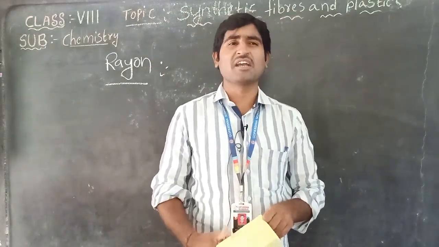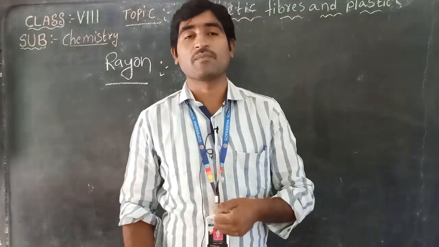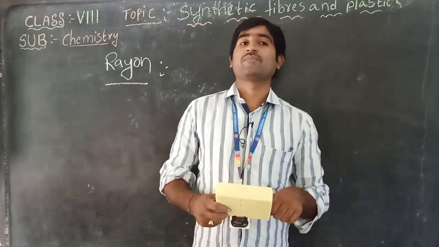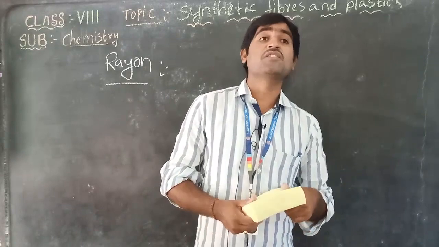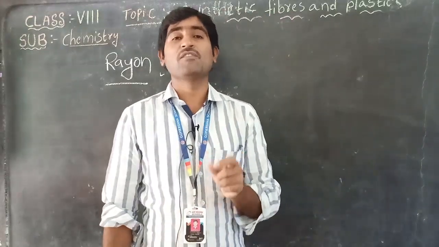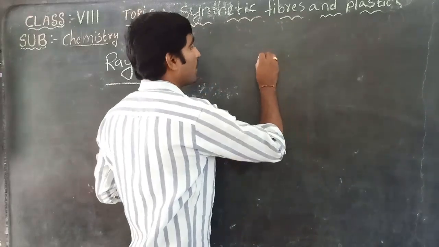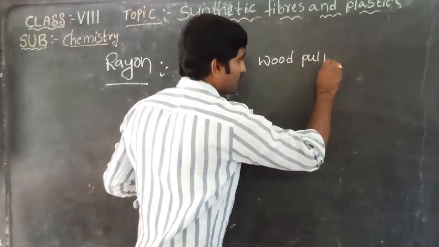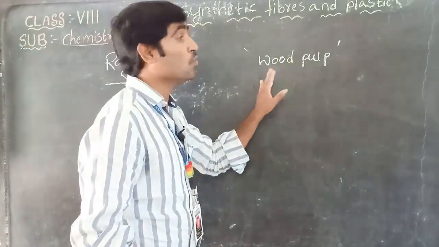By the end of the 19th century, the scientists were successful in making artificial silk. So, how did the scientists prepare the artificial silk cloth? The material they used in the making of artificial silk, or rayon, is wood pulp.